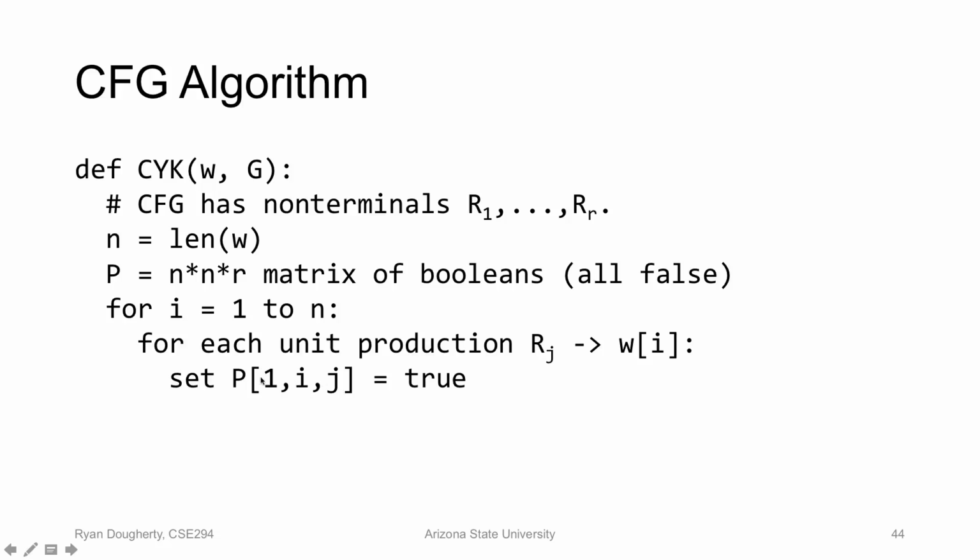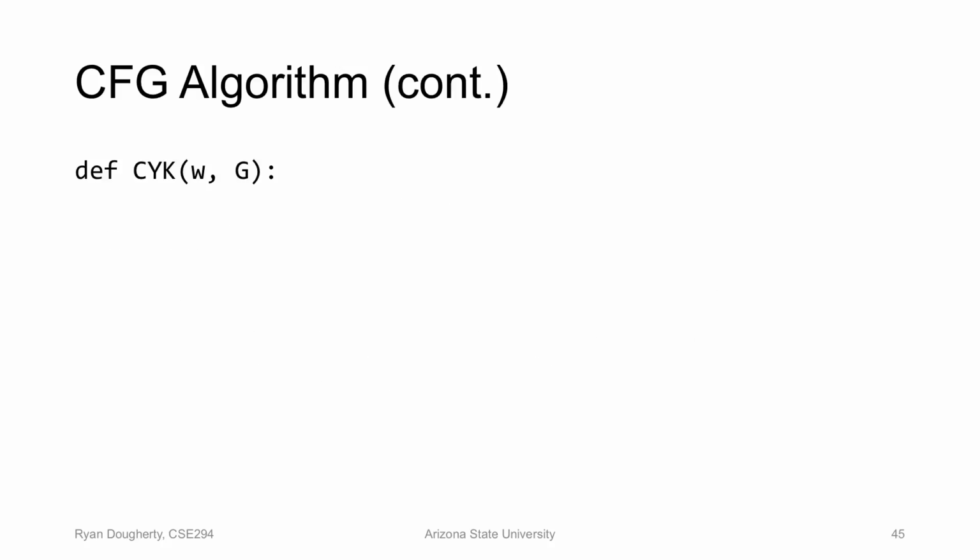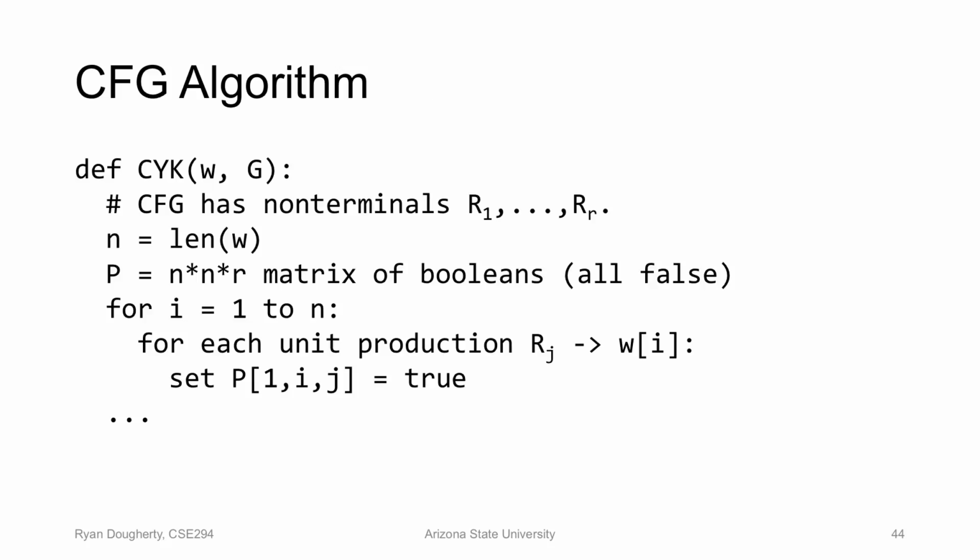And what the first one means is how long after that start I'm looking. So here it means starting with wi, I only look at one character, right? And after that we're going to look at longer and longer sequences. So basically now we're just setting what we can generate in one step to be true. And so now we're going to do that bottom-up parsing. Questions so far on that?